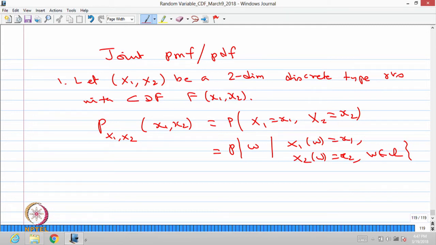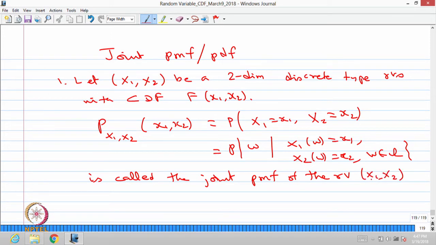So, this function is called the joint probability mass function of the random variable x1 comma x2. This is a probability mass at the point x1 and x2.